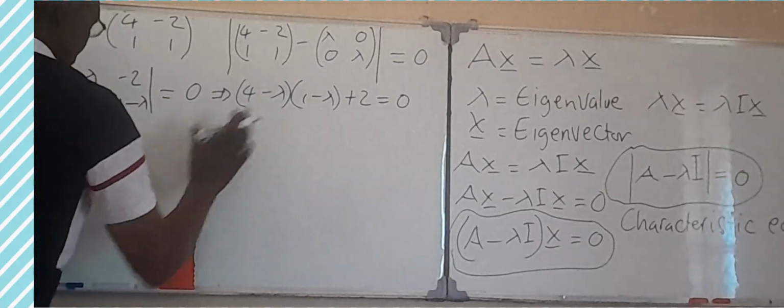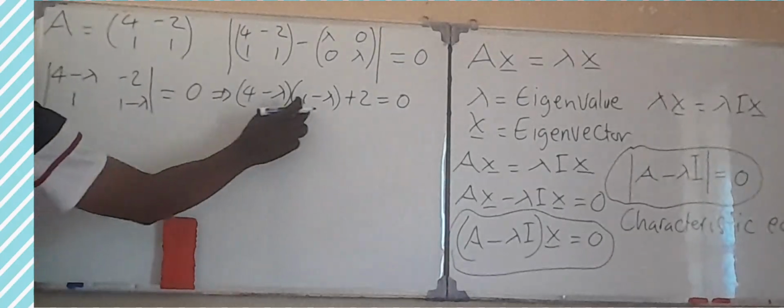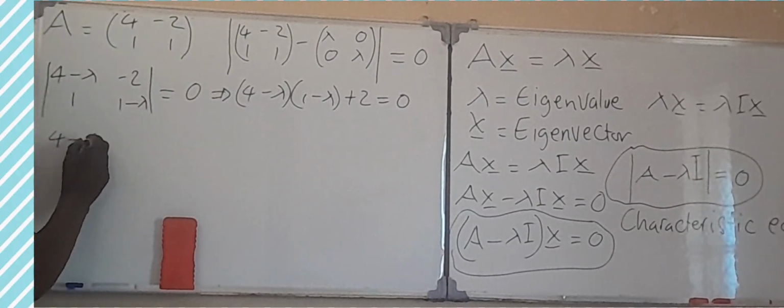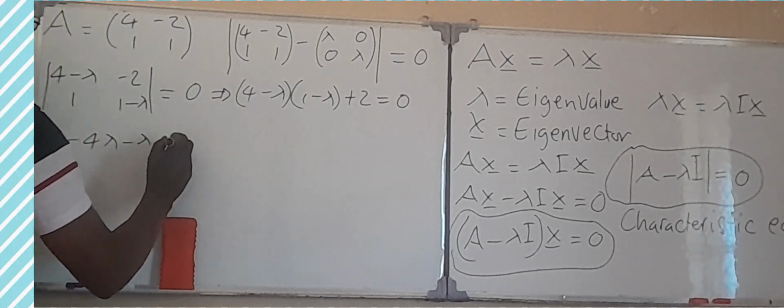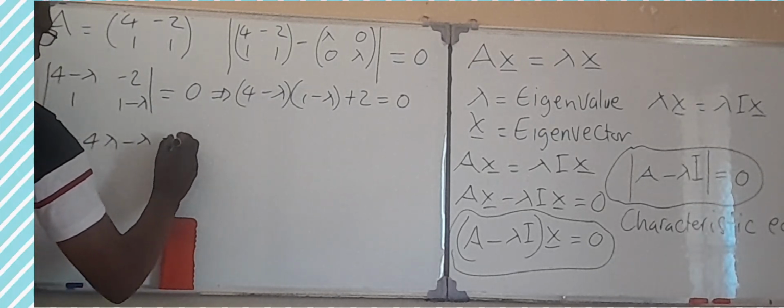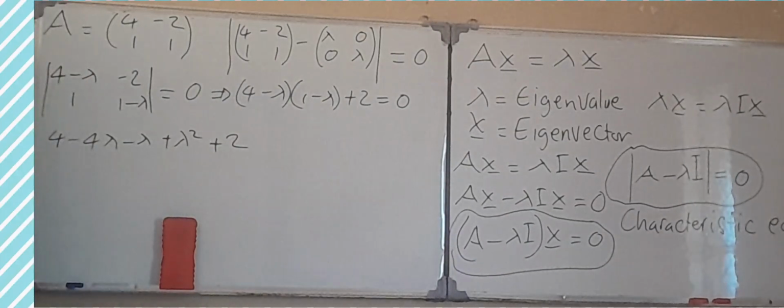We can expand our brackets here and write 4 times 1 is 4, minus 4 lambda, minus lambda, plus lambda squared, plus these two here. We simplify. This is lambda squared.